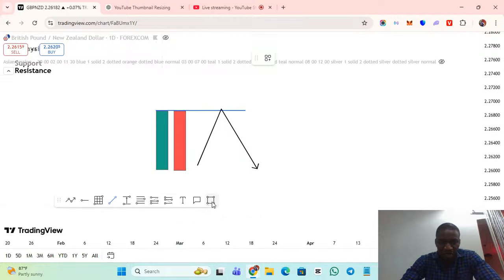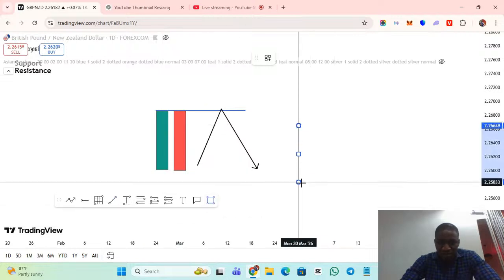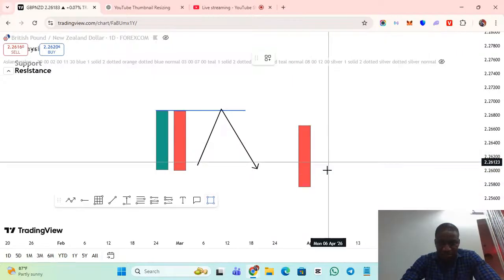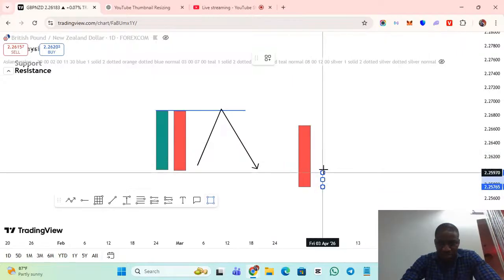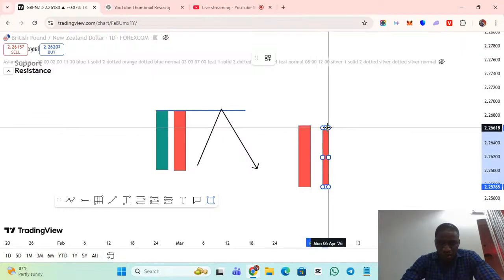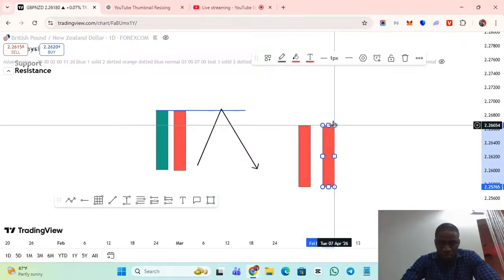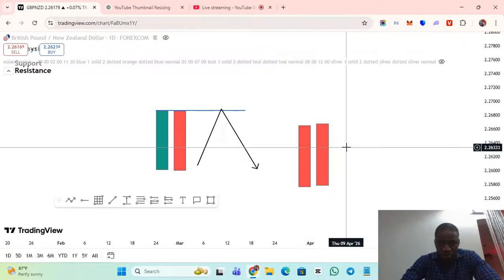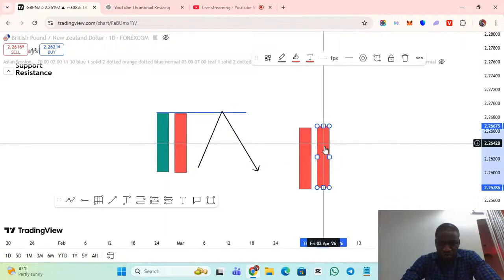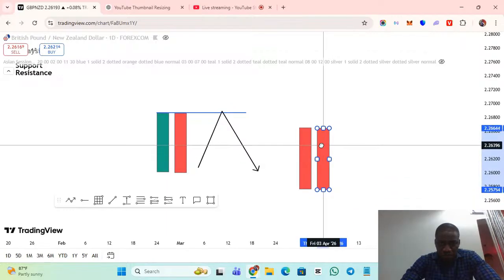Okay, let me just draw another candle. This is candle one, and this is candle two.